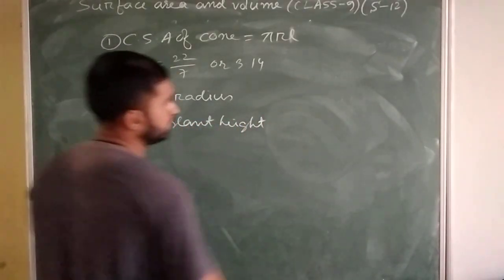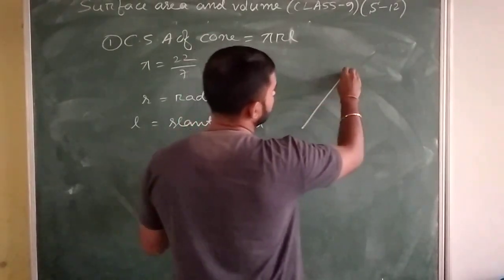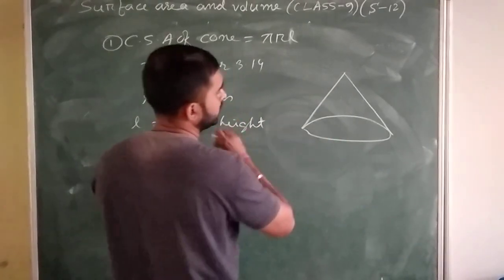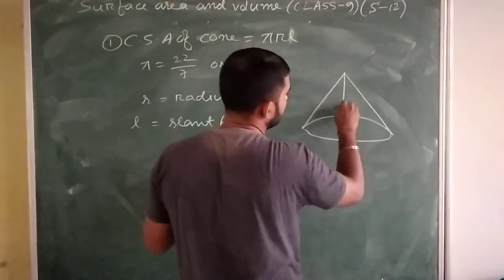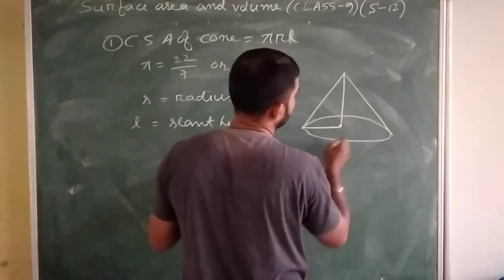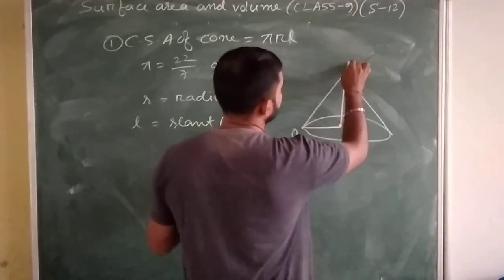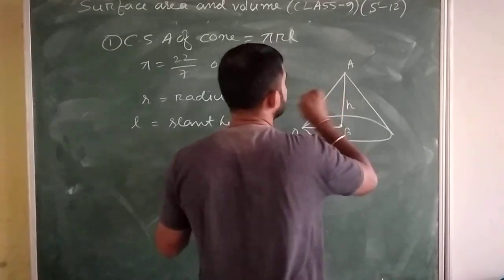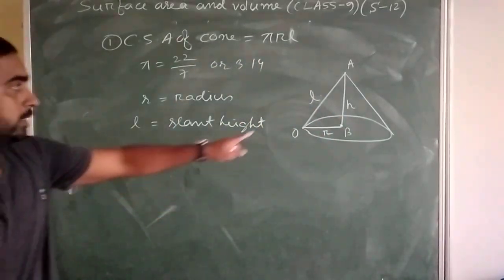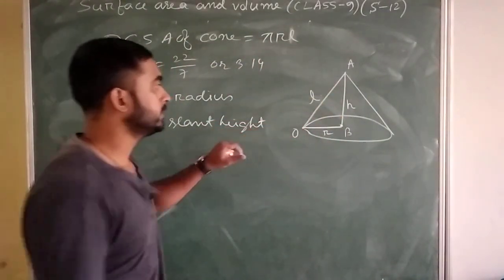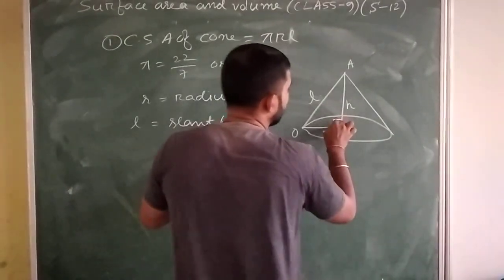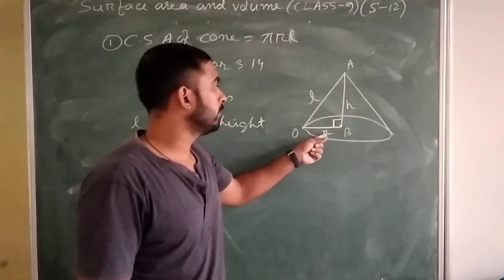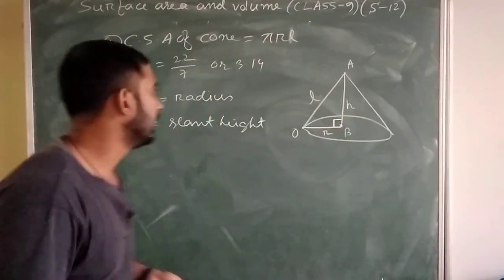So what is slant height? See this one. This is a cone. This is the height. This is the radius. This is the height. This side is known as slant height, l. So if h and r are given, how do we find l?